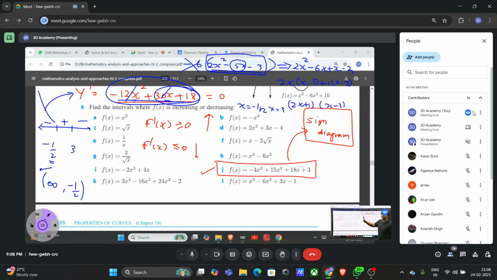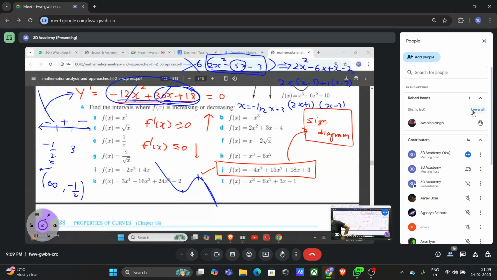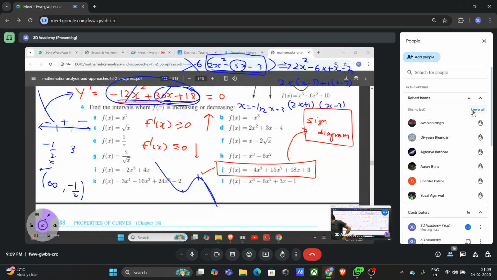The function is decreasing. If you imagine a little bit, from this you can predict the graph. The function is coming like this, going a little bit up and then again coming down. Getting it or not? Till here it is negative, till here it is positive, again it is becoming negative. How many of you are understanding this? Please raise your hands, guys. This logic, right?